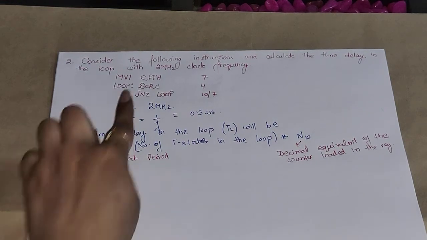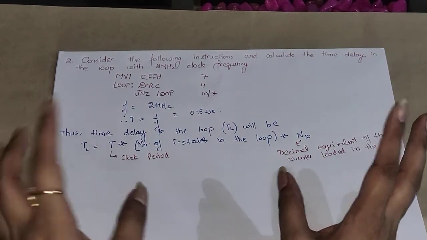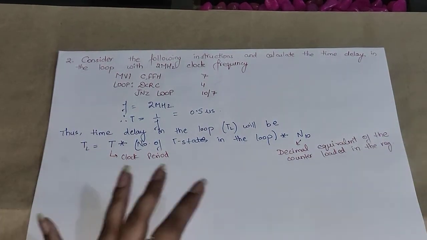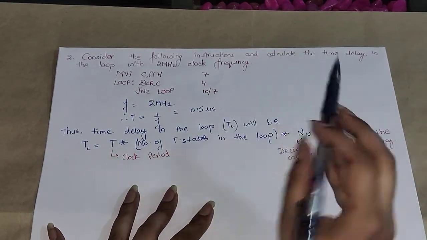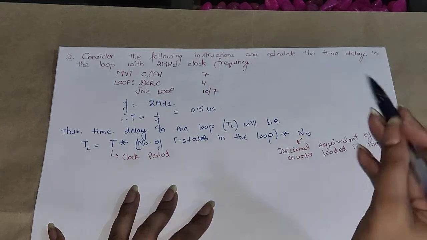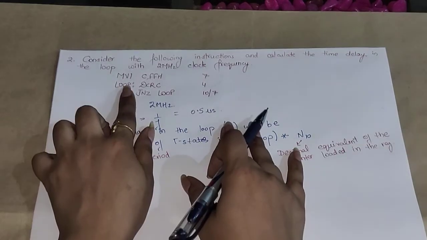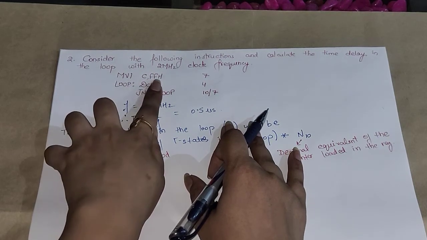See, here we have a loop. The number of times the loop repeats is known as the counter. So the counter that we have loaded in the register, its decimal equivalent is N10. See here, this loop is repeated how many times? FFH, MVI C, FFH.